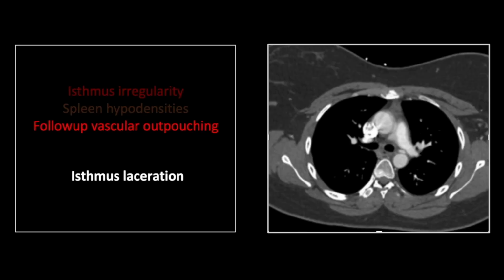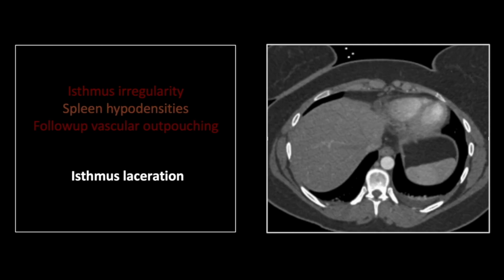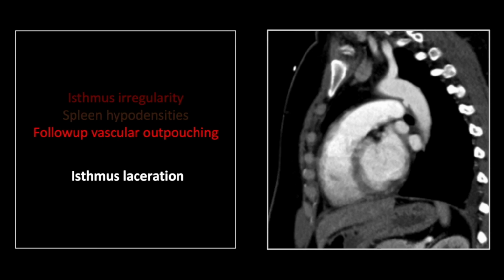This patient had a 1-week follow-up scan on which you see that the pseudoaneurysm is now much better circumscribed. There has been resolution of the splenic hypodensities, also consistent with those having been thromboembolic infarcts. On the sagittal, you see the well-circumscribed, narrow-based pseudoaneurysm and interval healing of that intimal flap.